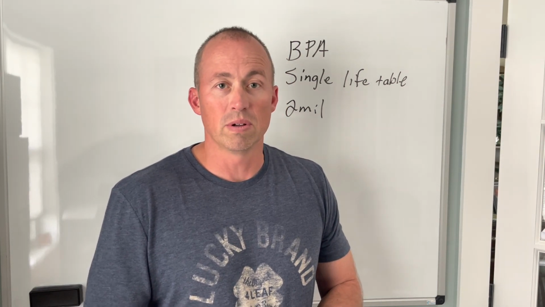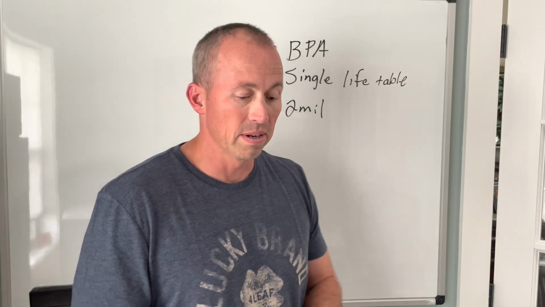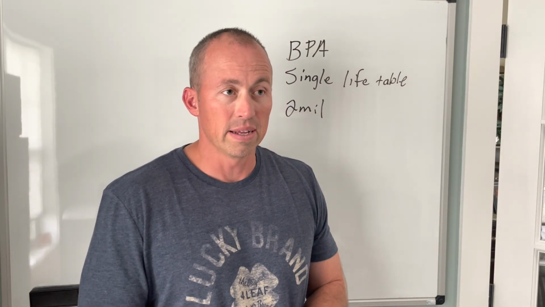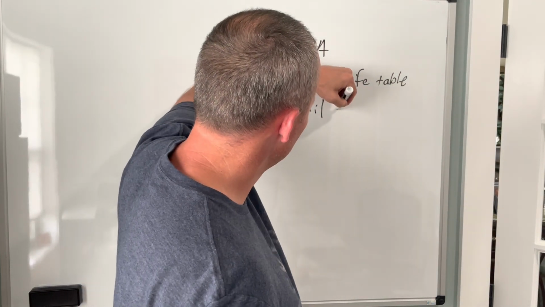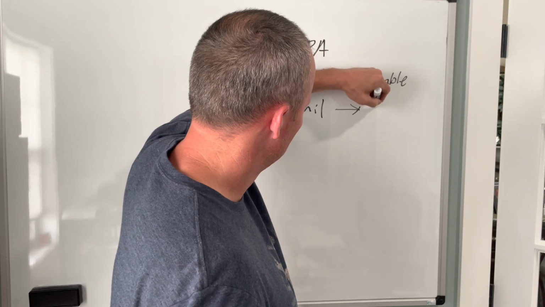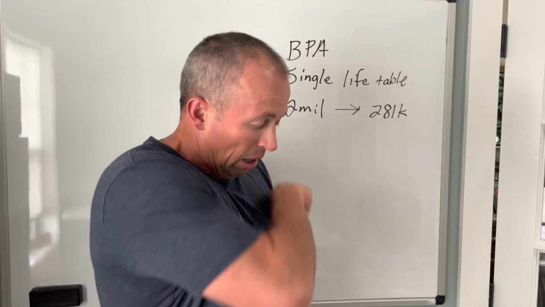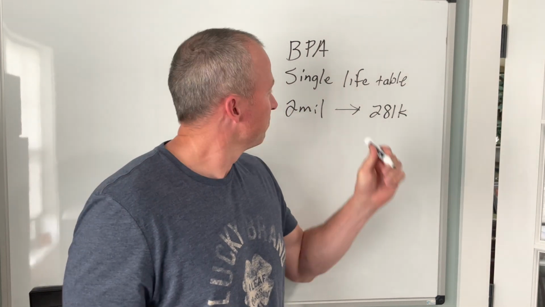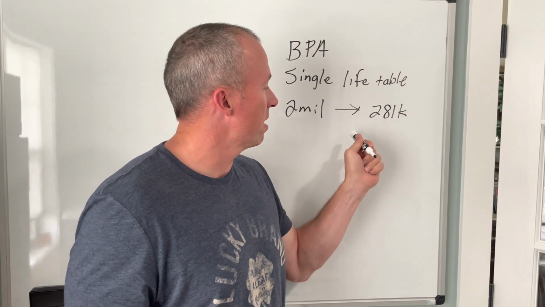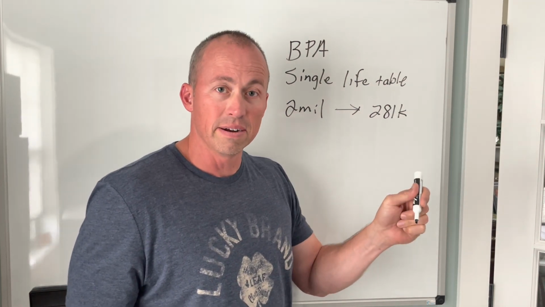So what you do is, the account holder takes this account balance, 2 million, divides by 7.1, and comes up with a number around $281,000. That is what the surviving spouse had to take out in that year.